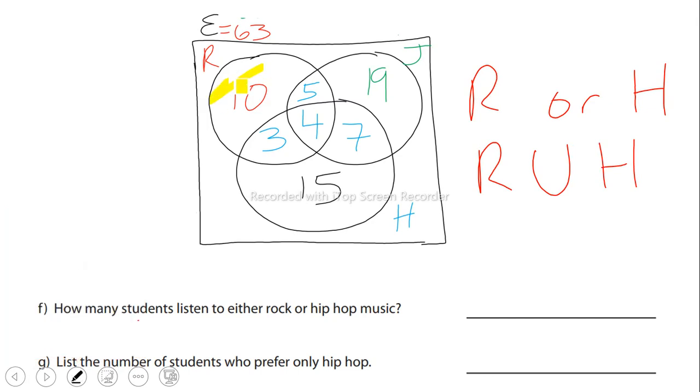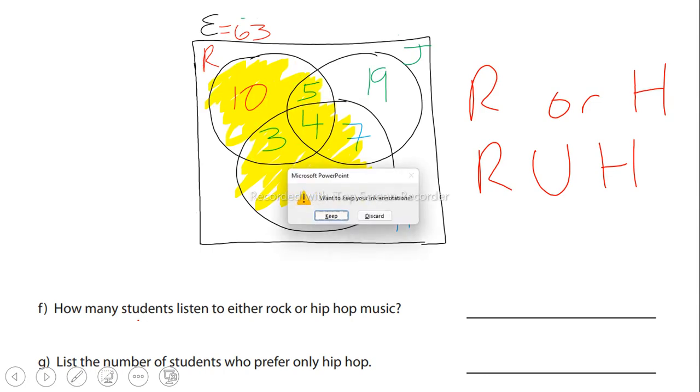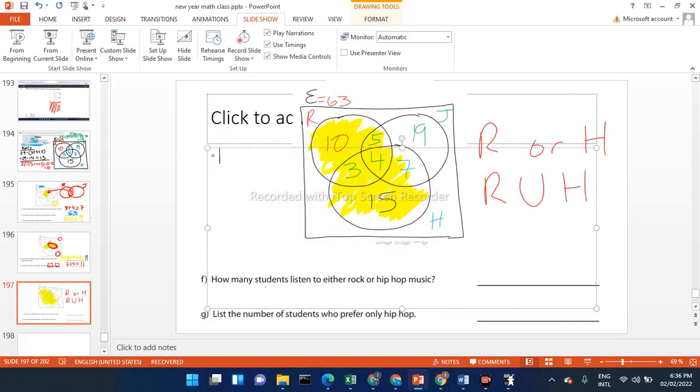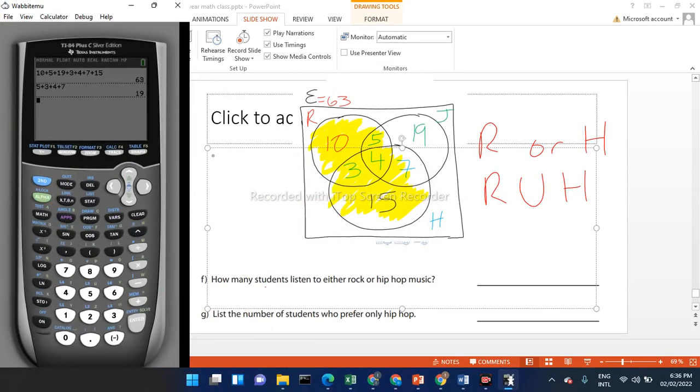So that's going to be 10 plus all of 15, this. I got 44. I don't know if that's right. Okay, so we added. Don't worry, no need to fear. We have our powerful calculator here.